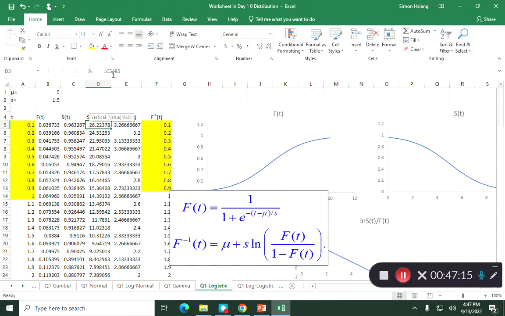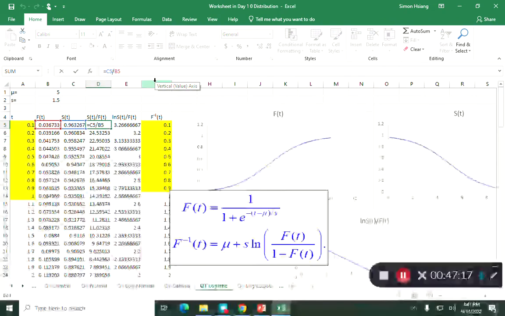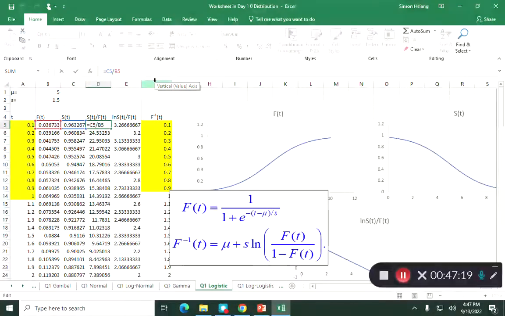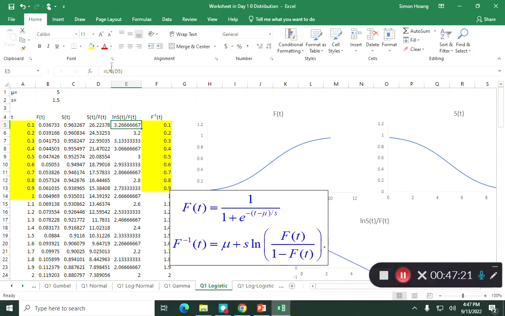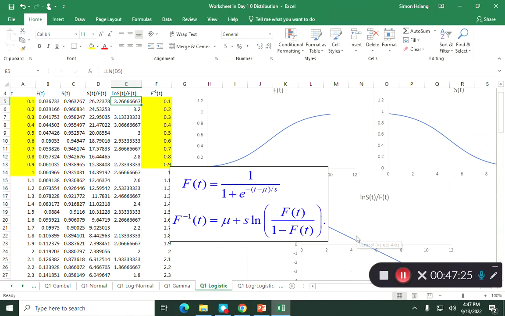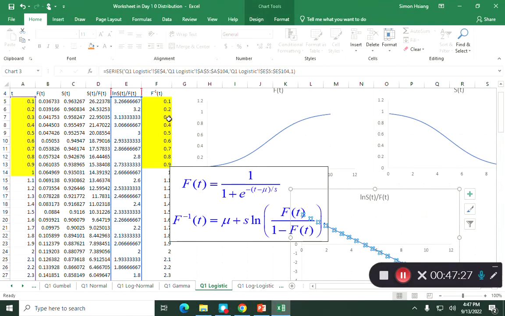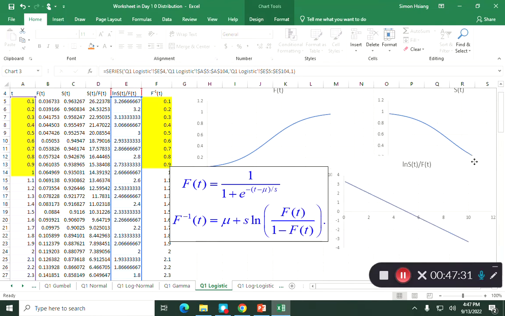S(t) over F(t), that's your odds ratio. And then you take your log of your odds ratio. Okay? And then when you plot your t against your log odds ratio, that should linearize it.